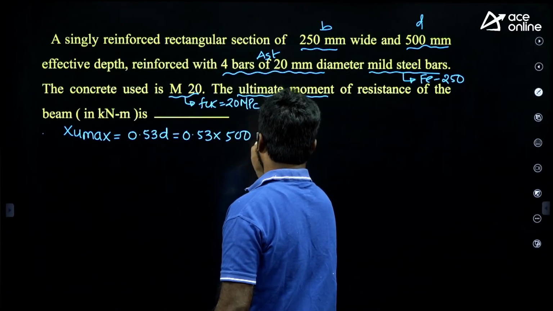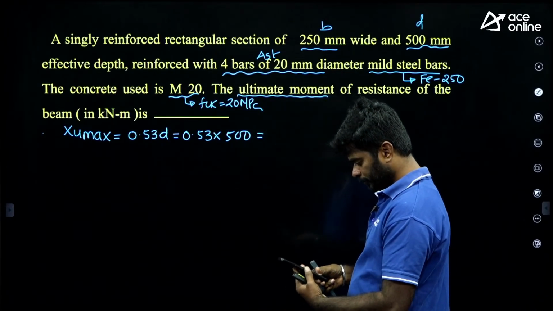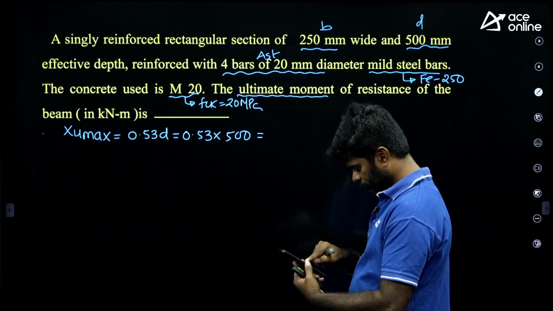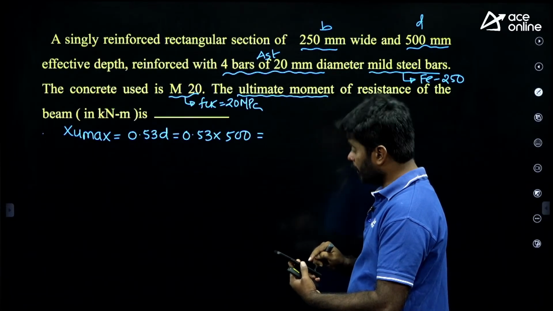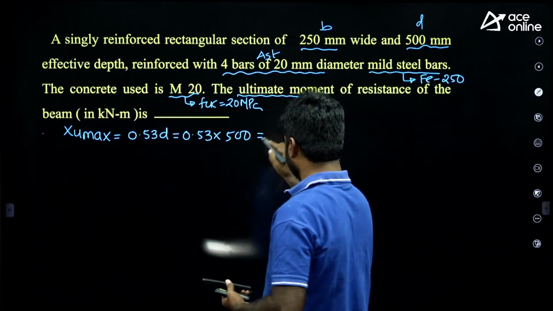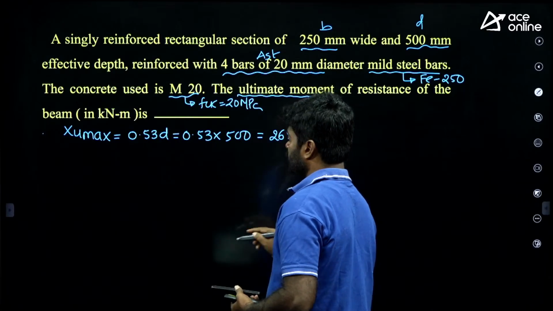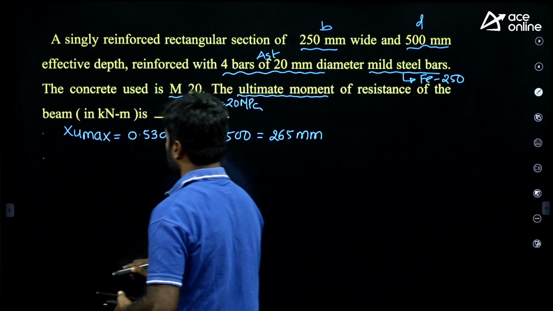May I know this? 0.53 into 500 is 265, right? Check it. If it is a mistake, tell me.